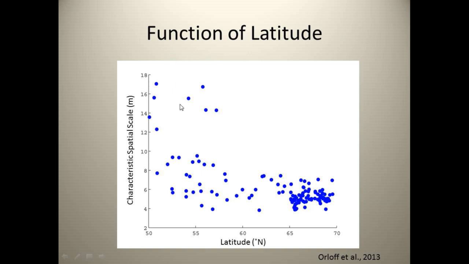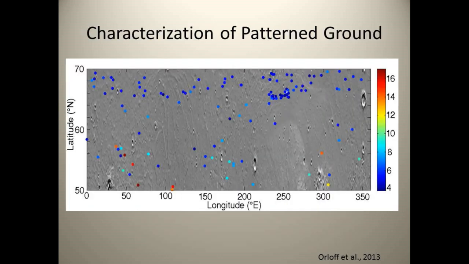And this is the same sort of thing that was found in all of the geomorphic sub-surveys that were done, all by subjective eye cases. And so if we look at this on a map, we can see again that all of the northern polygons are very small, between 4 and 7 or so meters in characteristic spatial scale.